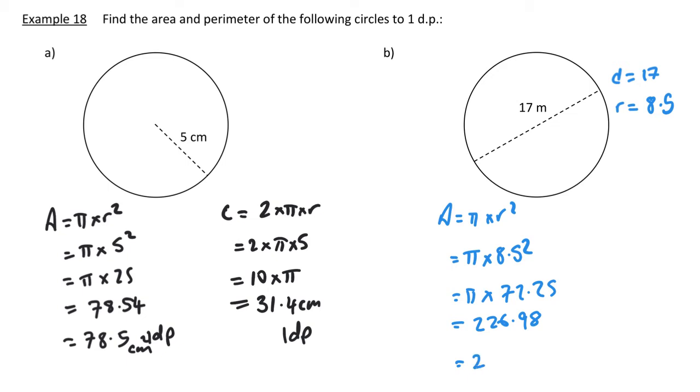So that's 227.0 square meters to 1 decimal place. The circumference is pi times d, which is pi times 17, which is 53.4 meters to 1 decimal place.